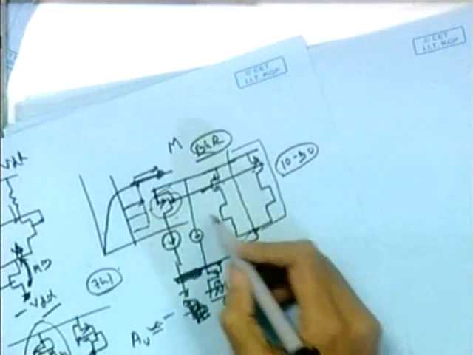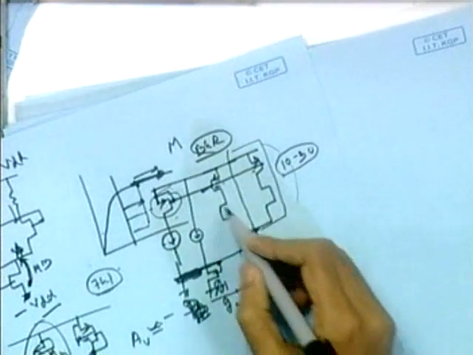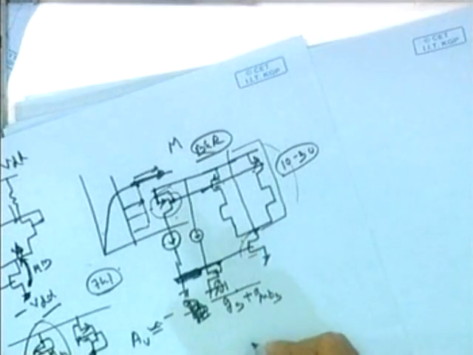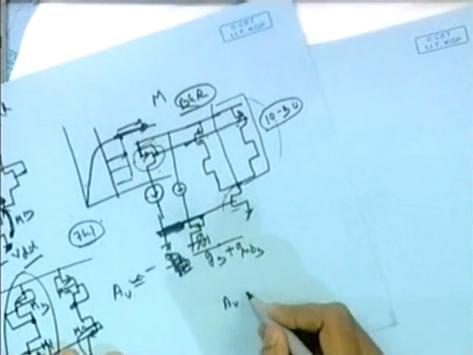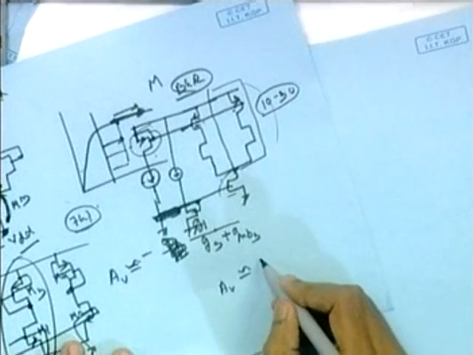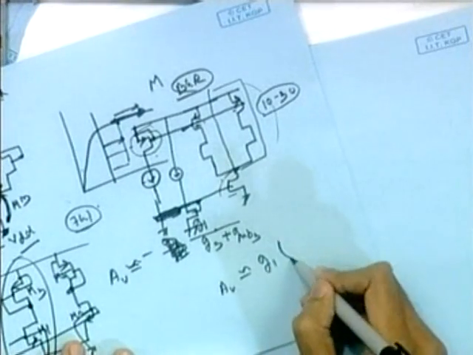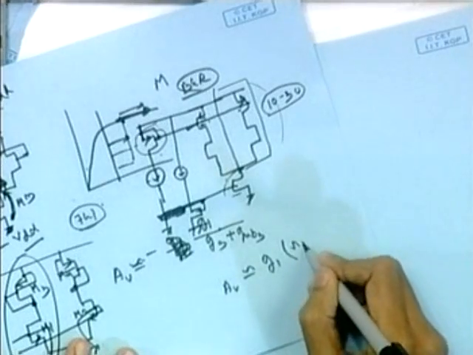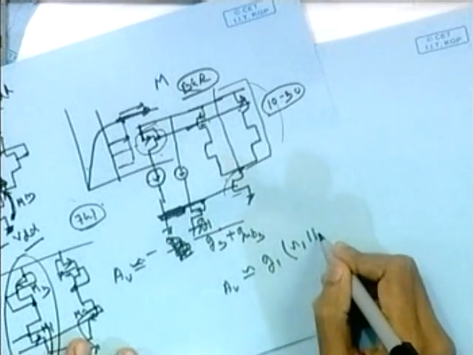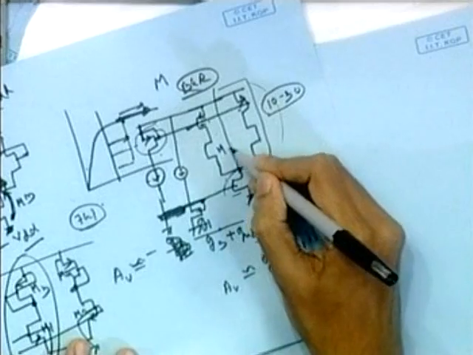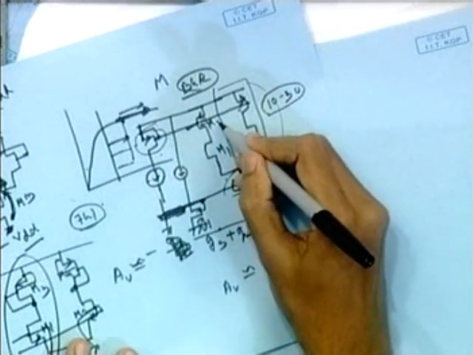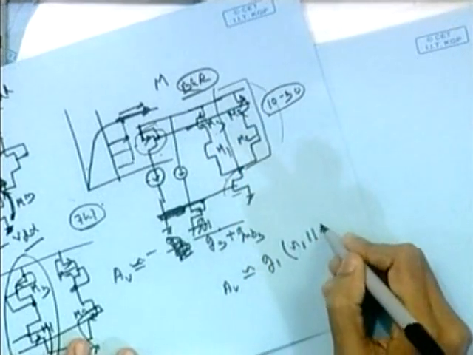The gain for this circuit, I mean this simple current mirror load, simple constant current source, will have a gain of some G1 R1, with M1, M2, M3, M4 like this.